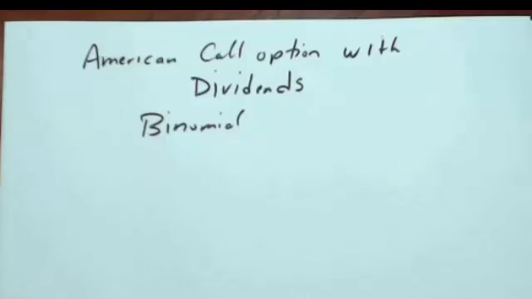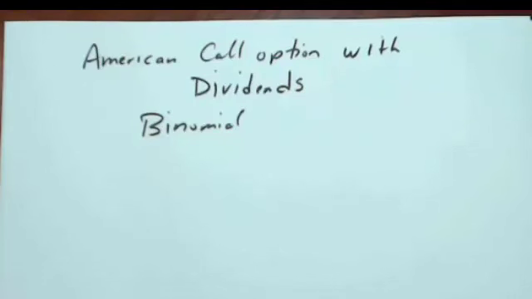They're a special case, and we need to adjust the binomial tree for it, take it into consideration. And the second thing is, the reason why we're looking at an American option with dividends is because, remember, it may be optimal to exercise an American call option early with dividends, and that's the main point of this.